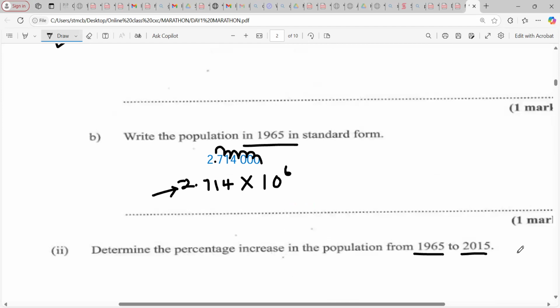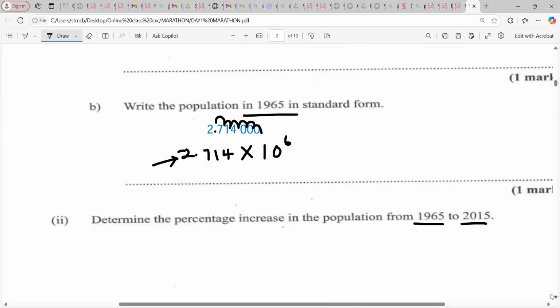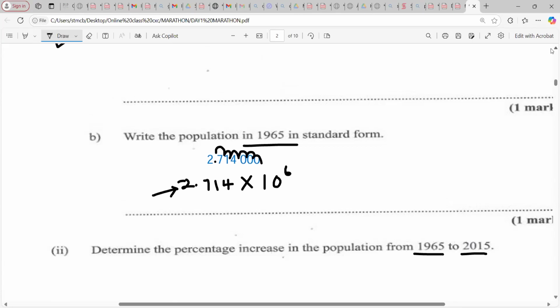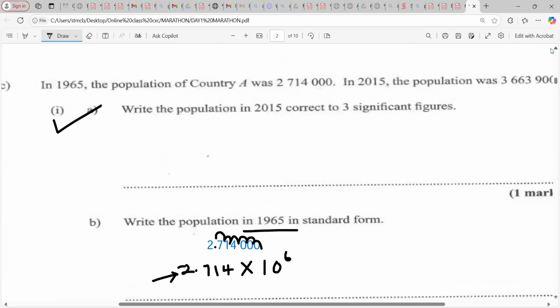Alright, this one now says determine the percentage increase. So they don't just want the increase. Someone gave me the increase alone, but that's not what they want. They want the percentage increase. So this number is 2,000,007 something, and the next number was 3,663 something like that. Let me just type it up here for reference.